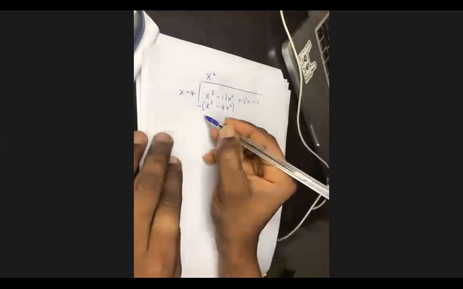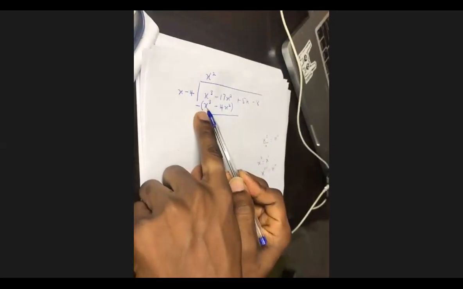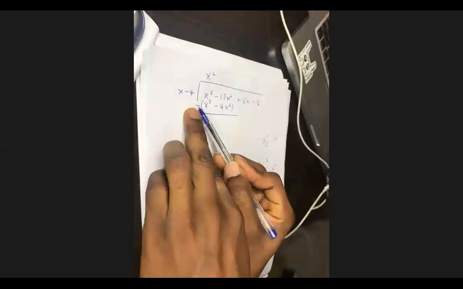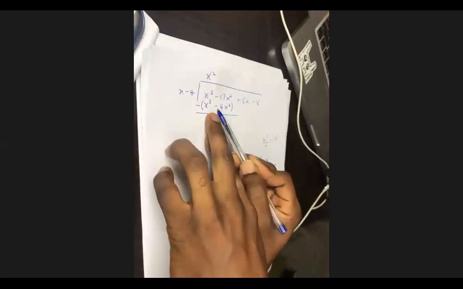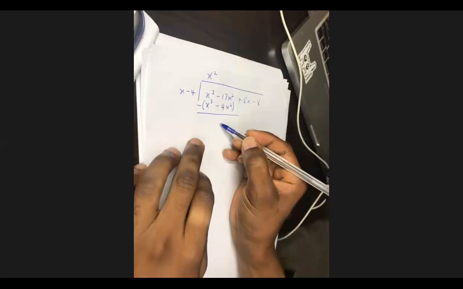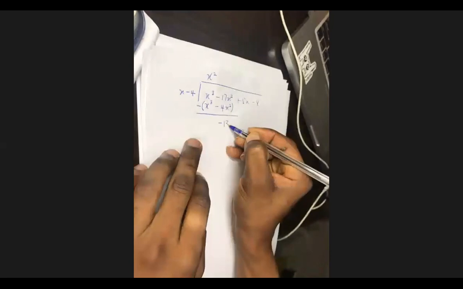And then you underline it. Good. Now, do you realize that this negative will affect this x cubed? Yes. So what is x cubed minus x cubed? 0. Now I have negative and negative. So what do you think it will be? Positive 4x squared. So negative 17 plus 4x squared. What do you think you will have? Negative 13x squared.